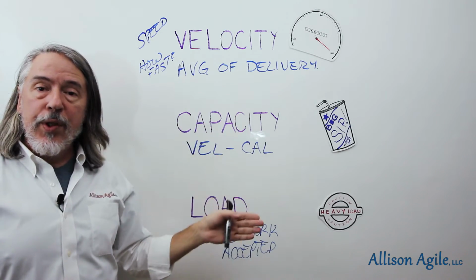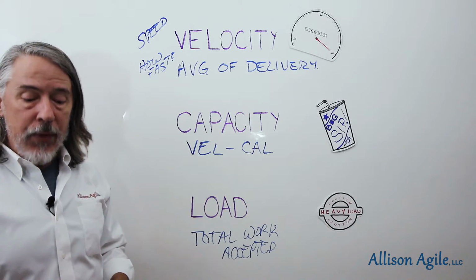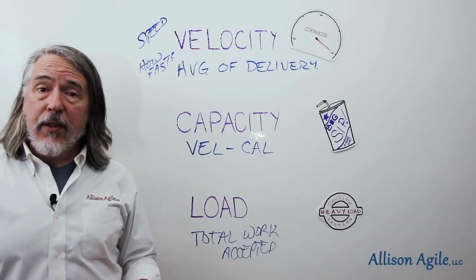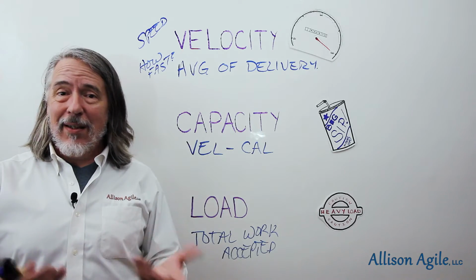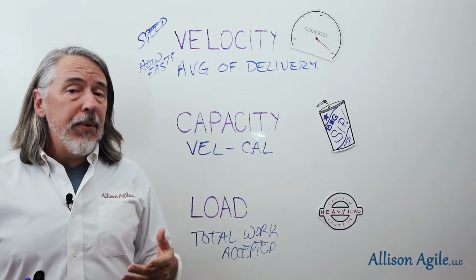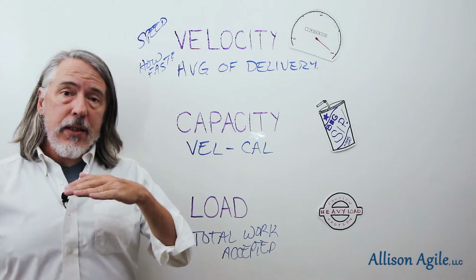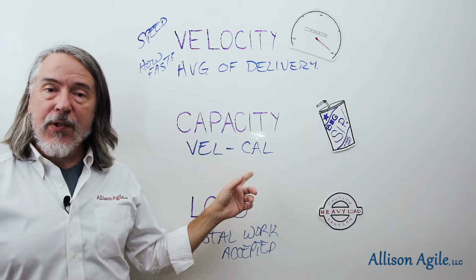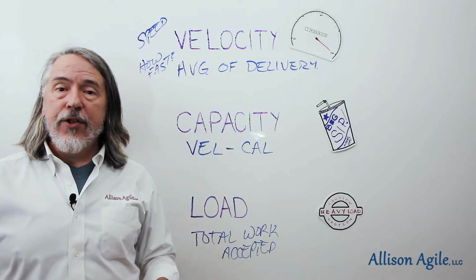And these are the 3 things that you need to understand. Velocity across a long period of time is relatively constant, plus or minus a couple of different things that might be impacting it. But since it's an average, it tends to be relatively smooth. Your capacity can wildly change.